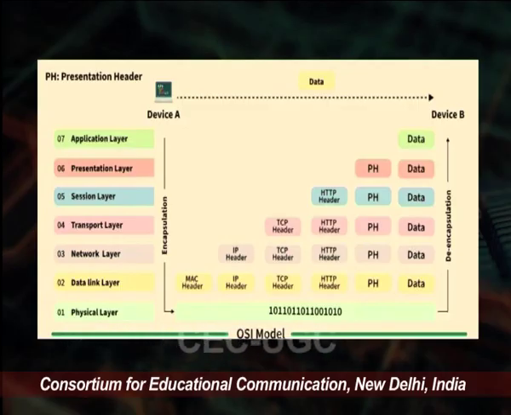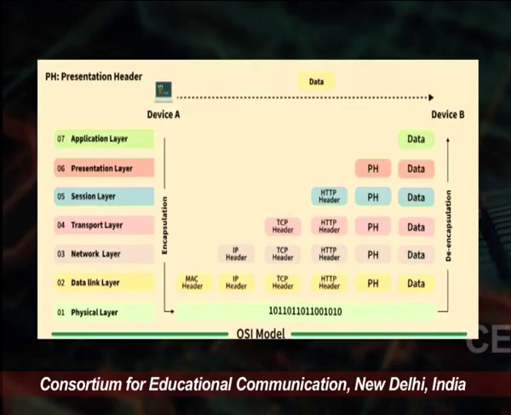Moving further, this TCP header is also stripped off, removed, or in more technical language, it is consumed, or used up. Then a similar thing happens with the HTTP header at the session layer. After that, the HTTP header is not required.